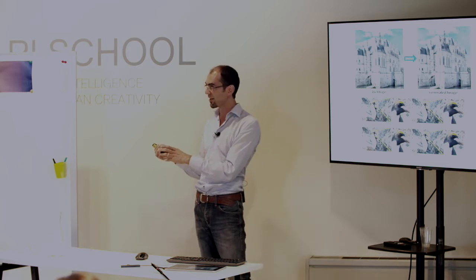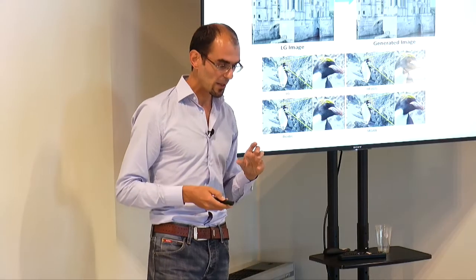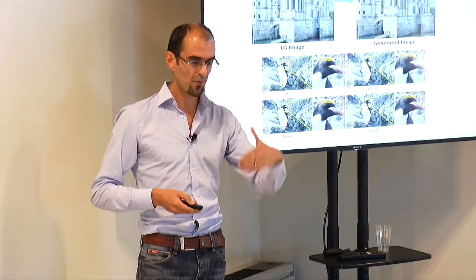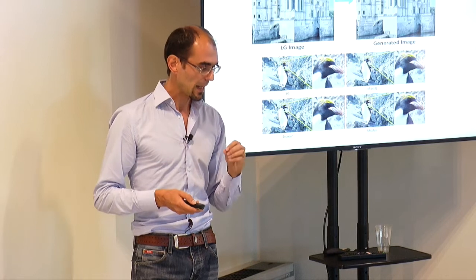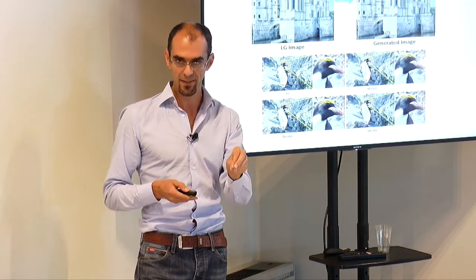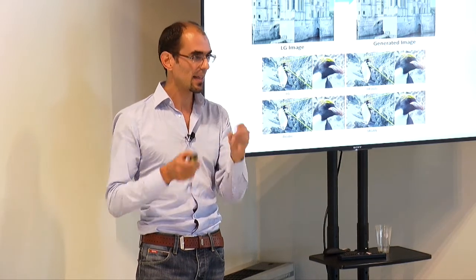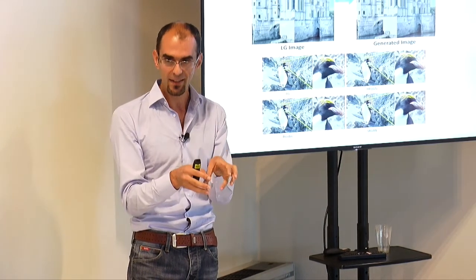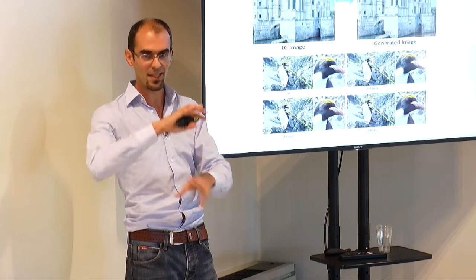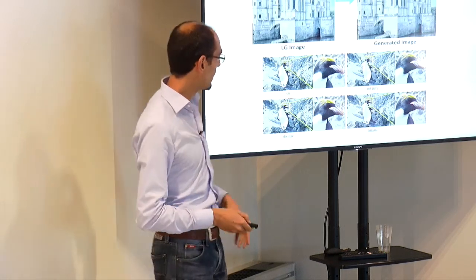A useful application to work on, and this is now going from research to industry, is working out the detail that has gone missing. Obviously, there's no magic. The detail is invented. No one has sat down and said, ripples on water look like this. Instead, this is learned from many images of ripples in water and buildings and edges and angles and everything. Okay.